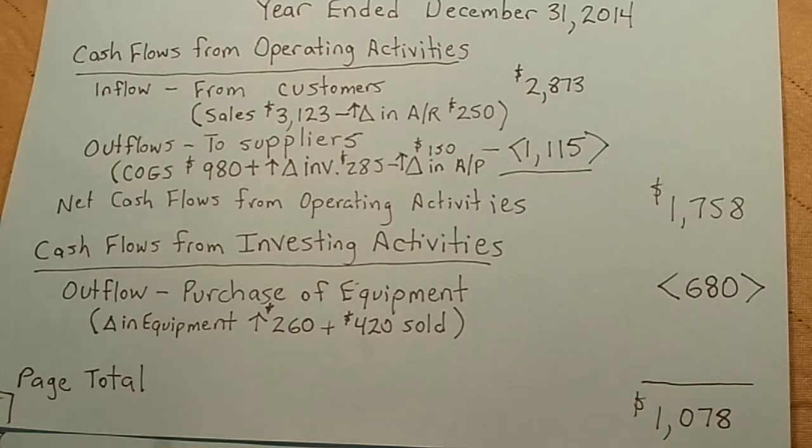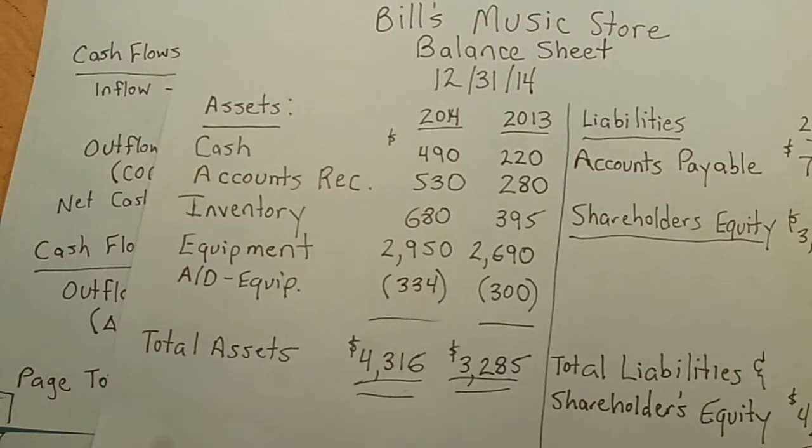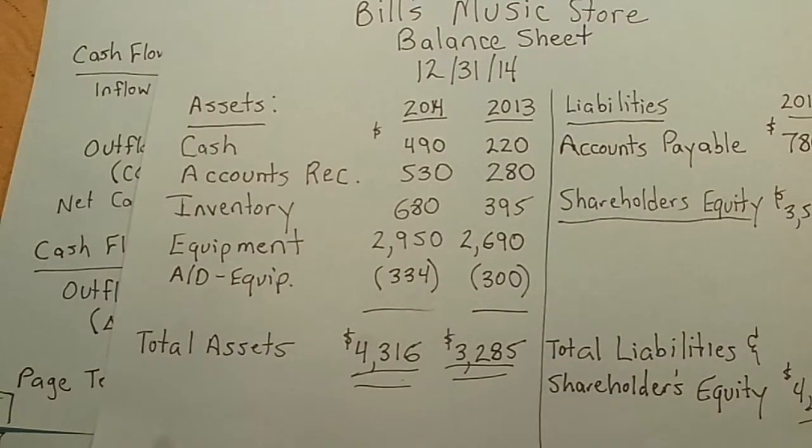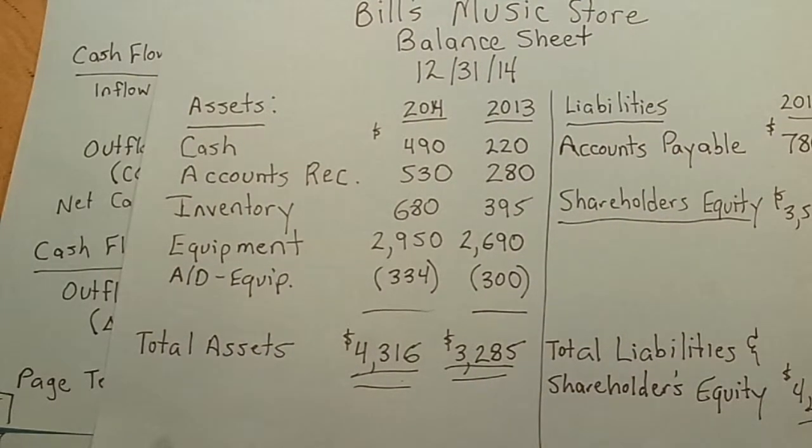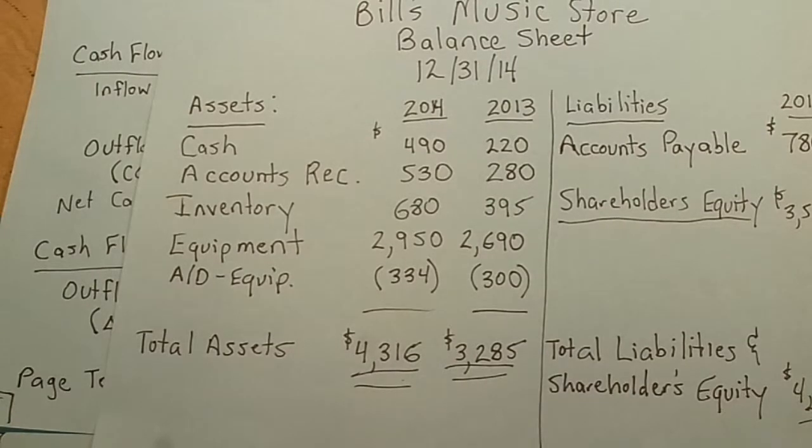The next thing we do is consider the cash flows from investing activities. So there was a change in equipment this year. Notice equipment last year was $2,690. Equipment this year, $2,950.